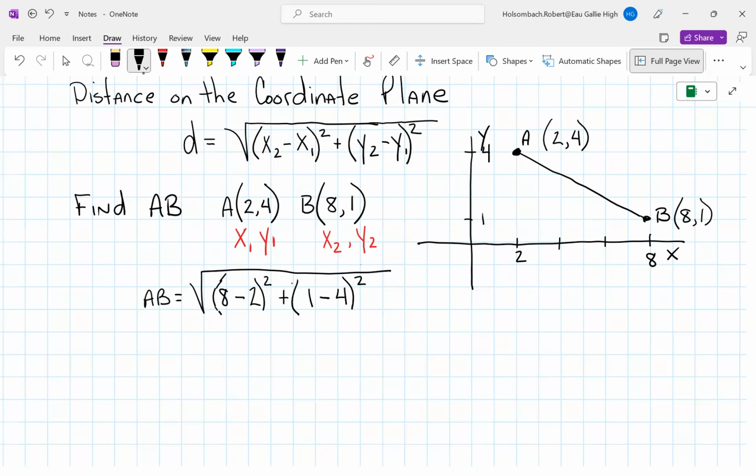Now, what you can do is type everything under the radical into the calculator. So if you take 8 minus 2, hit equals, and then 2 buttons above the 8 is an X squared. All right, so your 8 minus 2 is 6, and then 6 squared is 36.